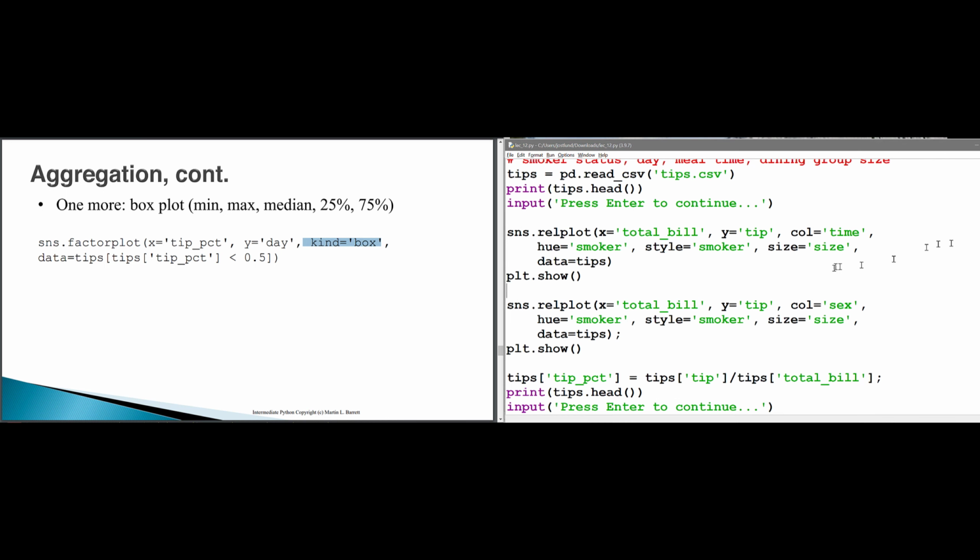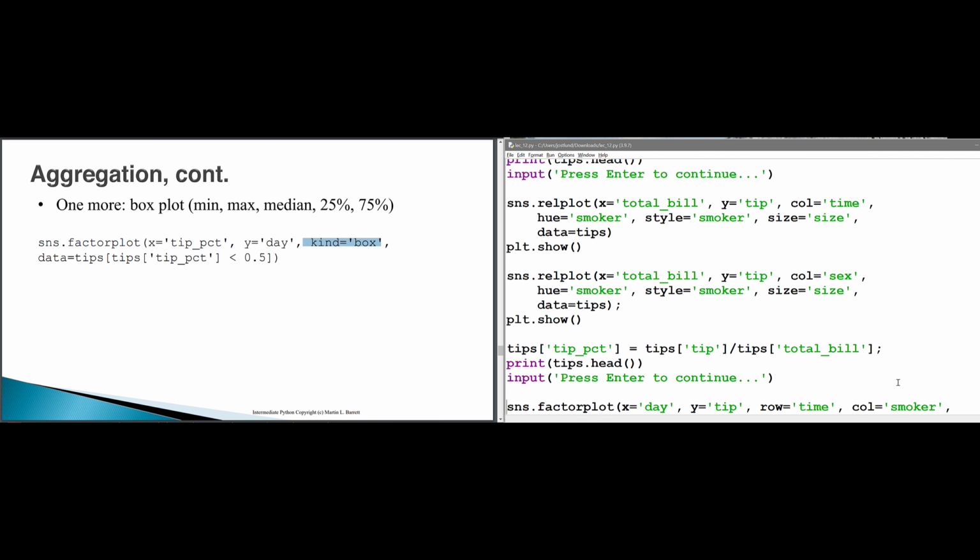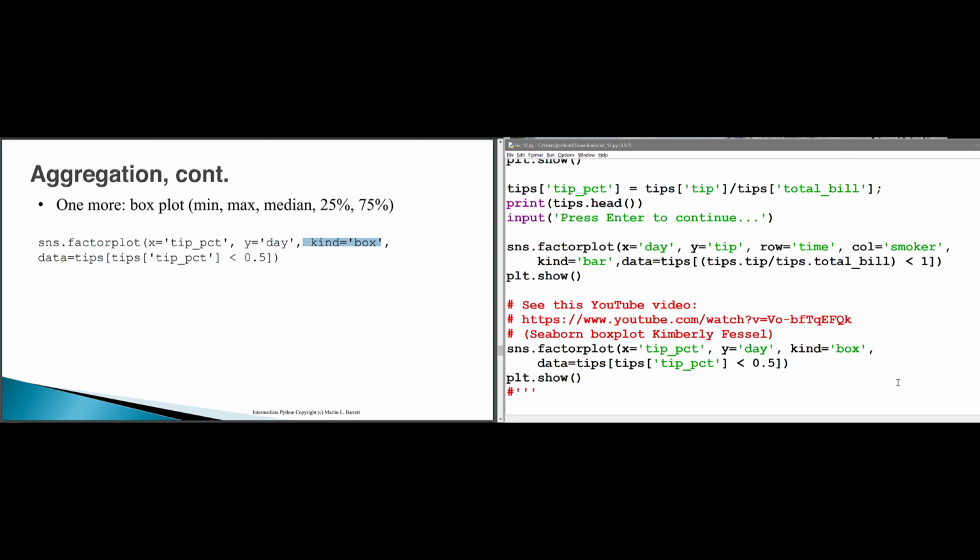There is a really good video that explains this in probably more detail than you want to know. Here is the URL for that video, but if you just Google for Seaborn Box Plot Kimberly Fessel, she has a really excellent video that describes how these box plots are actually constructed.